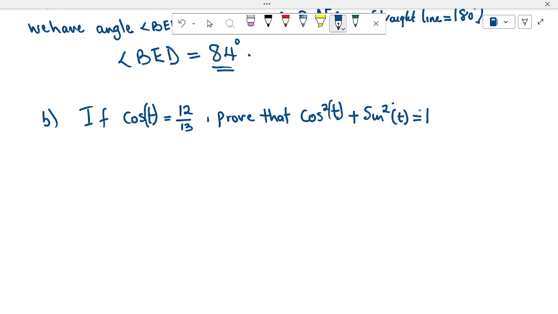The question states that if cos t equal to 12 all over 13, prove that cos squared t plus sin squared t equal to 1. We are going to begin this. There is no way we can solve this without having to draw our triangle.